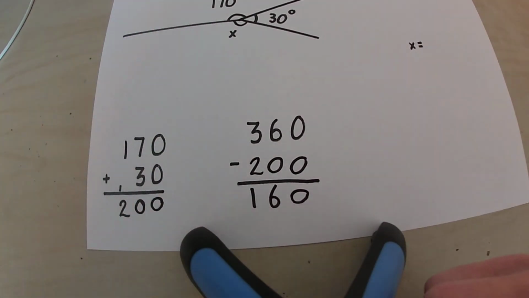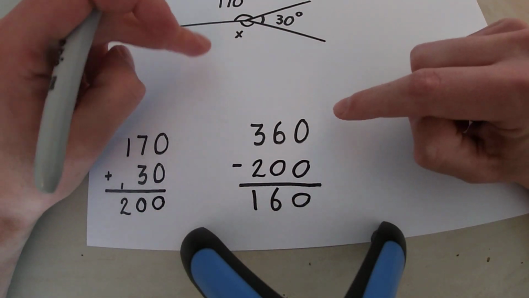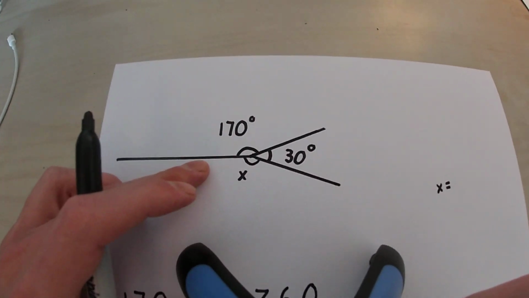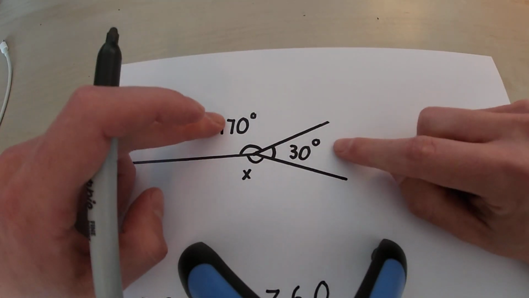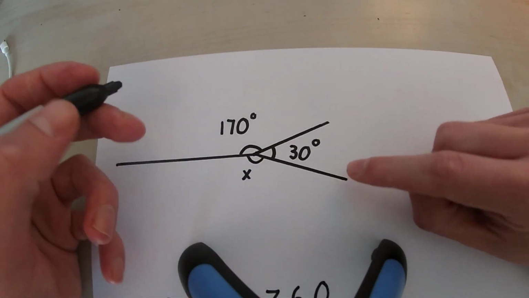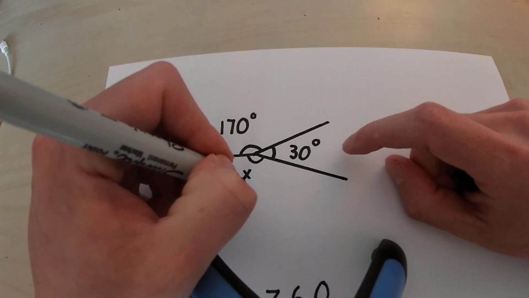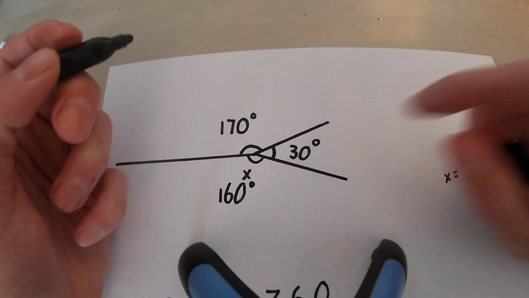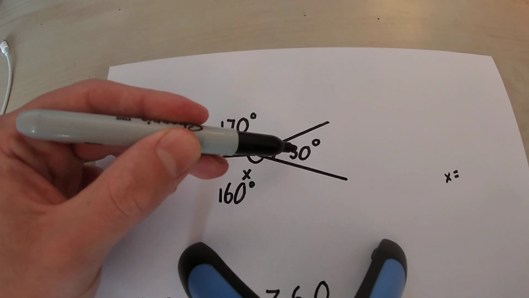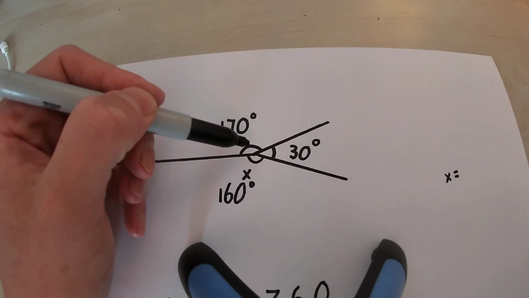Okay, so we've managed to deduce that this angle, angle X, is 160 because we've added these two together and taken it away from our total, which is 360. Let's just double check that. 170 add 30 is 200, add 160 is 360.